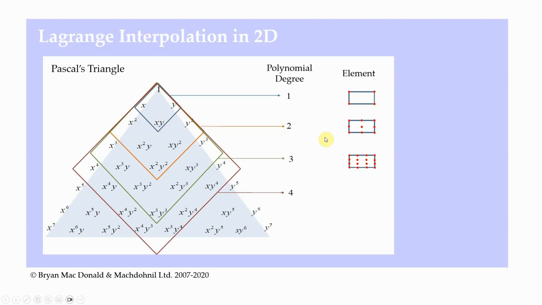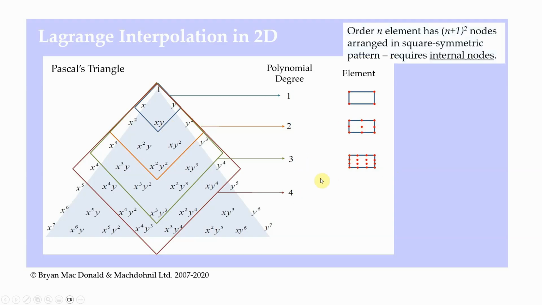A polynomial of degree 2 is a quadratic, and we're going to end up with mid-side nodes and also a midpoint node, so we end up with a 9-node element, and similarly for a 3rd order polynomial. Again, you'll see more and more interaction terms. This first one is known as a bilinear quadrilateral because we have this xy term, and the other ones get more complicated as we go on.